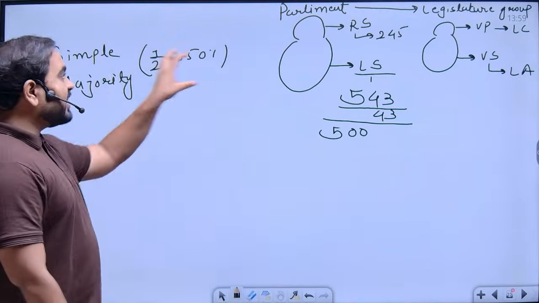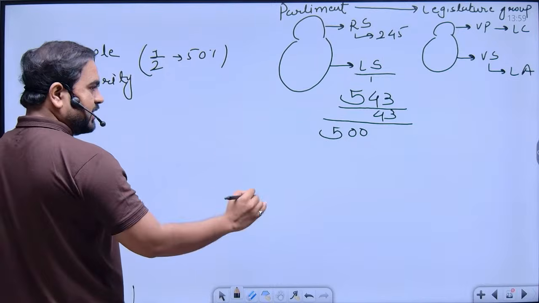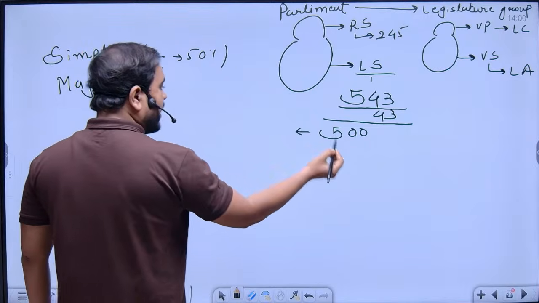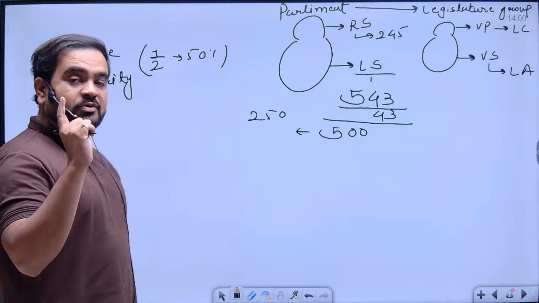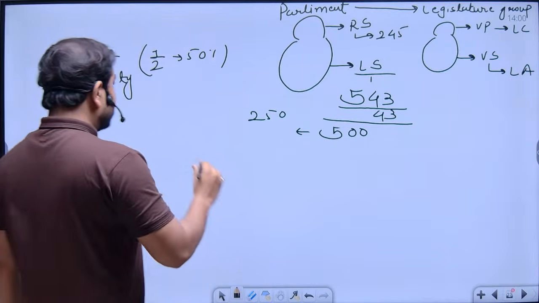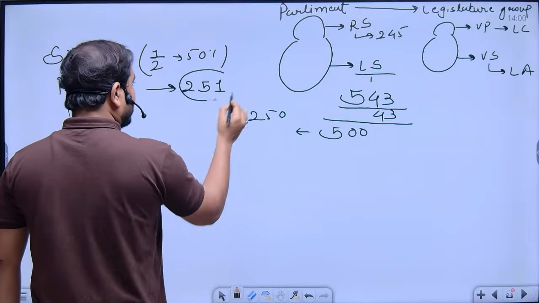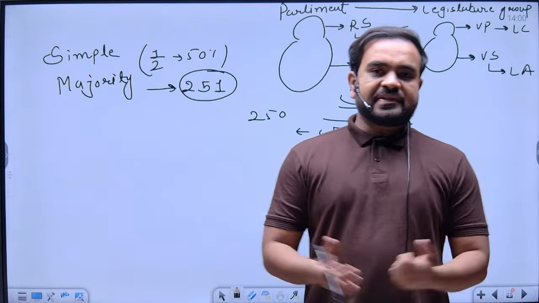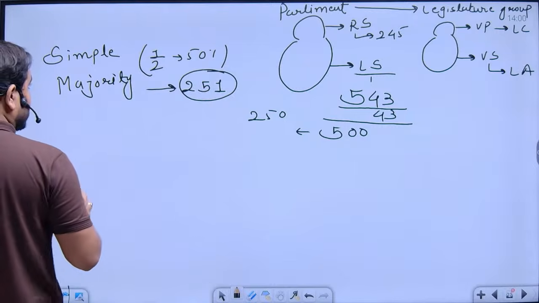So to pass that bill, you require one more than half. Half of 500 is 250, and you require one more person. That means if 251 people are in favor of the bill, that bill will be passed easily. Such a majority is known as simple majority.